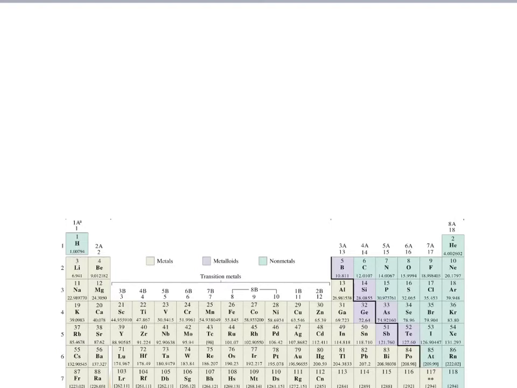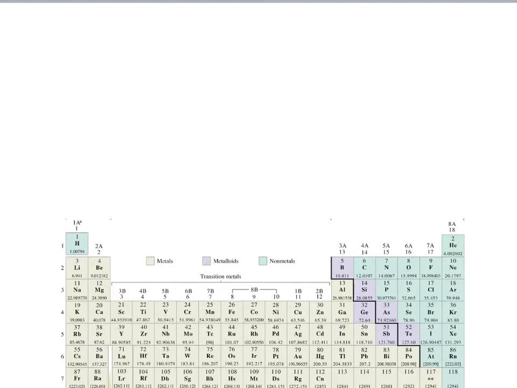First we can draw our nucleus, and that nucleus is going to have a number of positive charges. Then we can draw each of our electron shells. First, n equals 1. We have 1s2, which means we have 2 electrons in this first shell, so we'll put an electron here and an electron here.